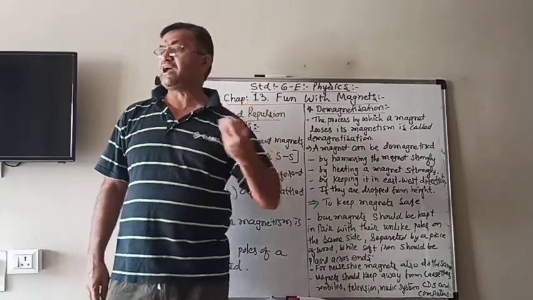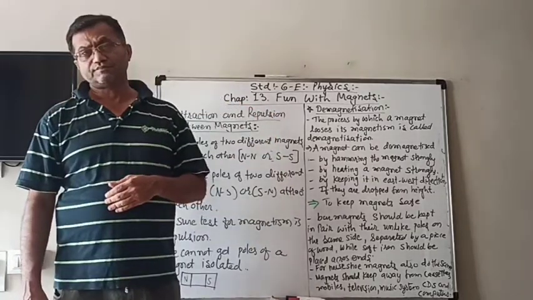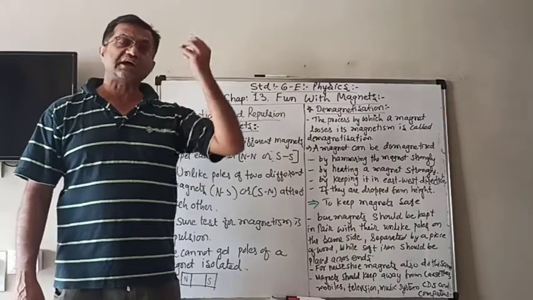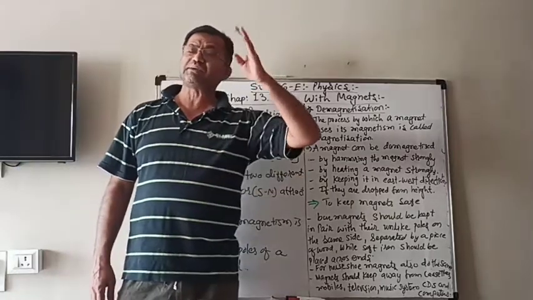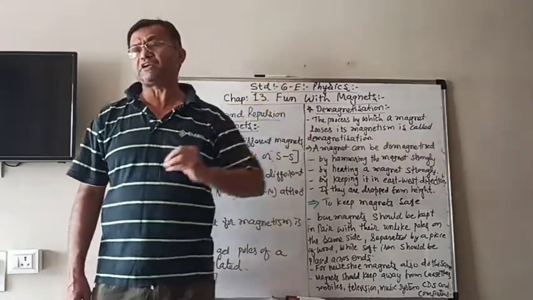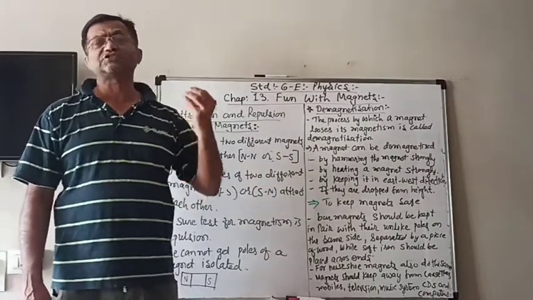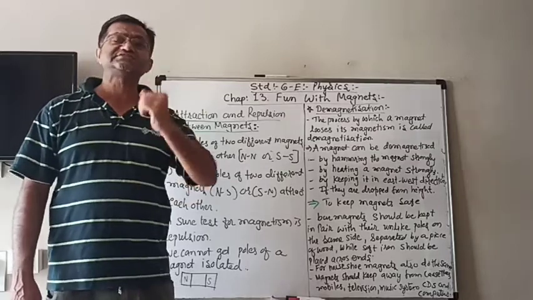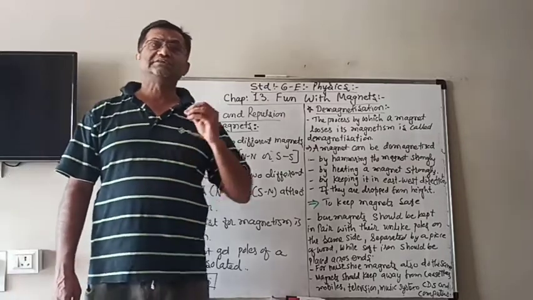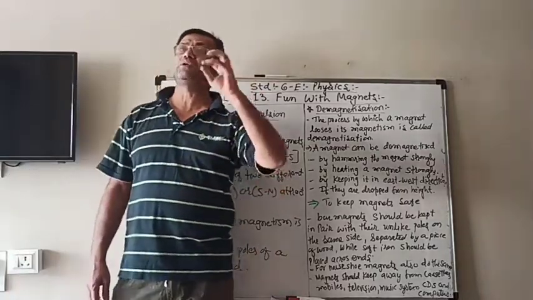And using that property, the travelers in the ancient time used to take natural magnets with them, and by suspending them with a thread, they were deciding the directions in unknown places.